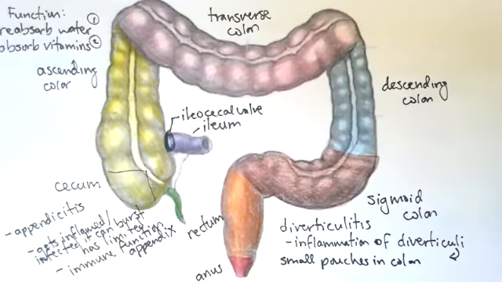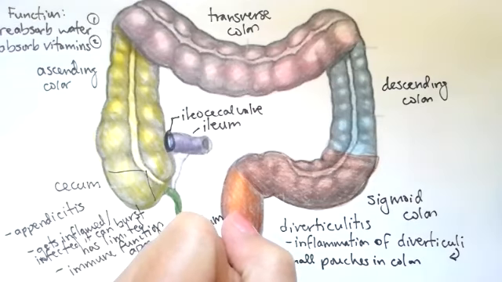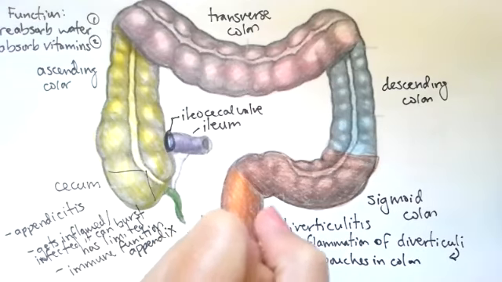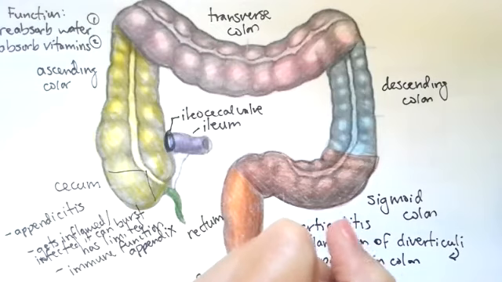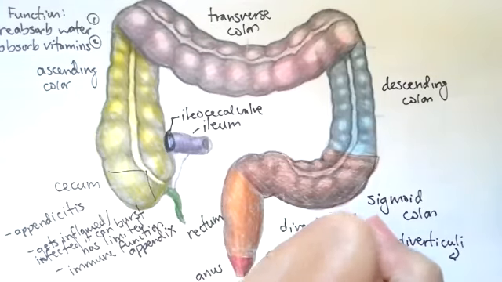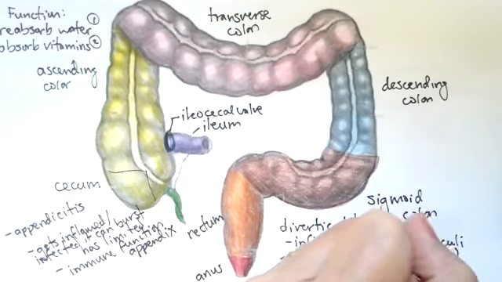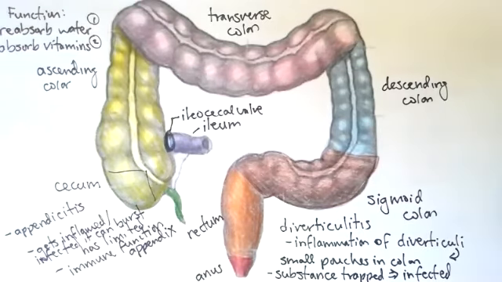And what can happen is you can get substances trapped. So if you get a seed, a substance trapped in these pouches, it can get infected. And if it gets infected, then it's not only extremely painful, if the infection keeps going, it can come all the way out to the outside and ulcerate and get out into your internal organs.